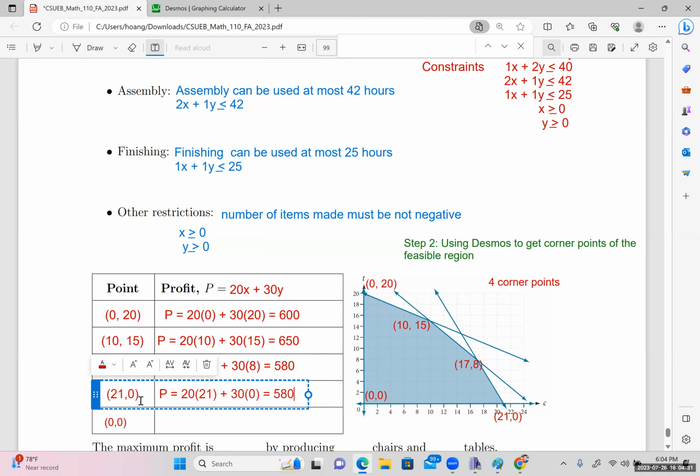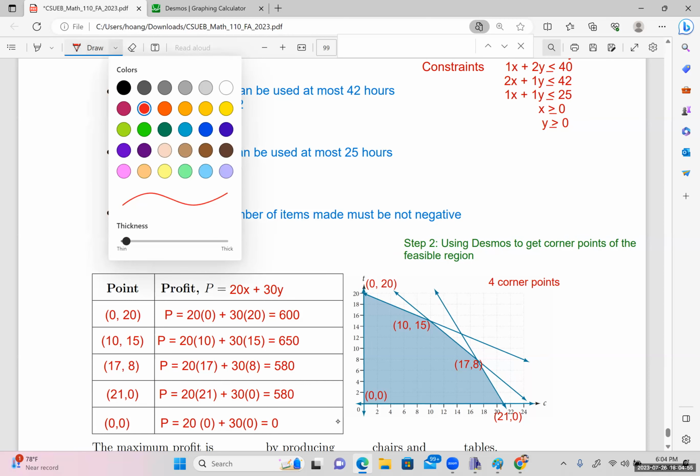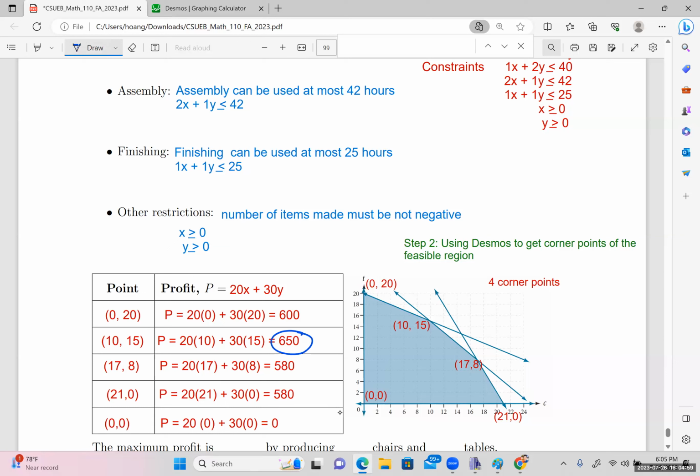Alrighty. Lastly, we have profit equal to 20 times 0 plus 30 times 0 equals 0. So you can see which one is maximum now, right? The maximum one I have right now is this one. It is the max.